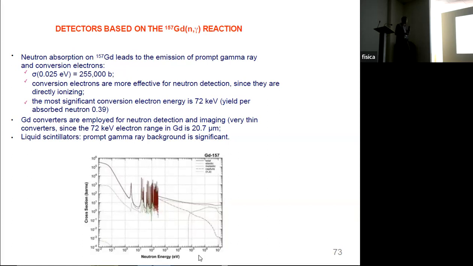It was exploited in large experiments, for example looking for neutrinos, where you dope your liquid scintillator with gadolinium, and this gadolinium can effectively capture neutrons and give rise to conversion electrons. And this conversion electron, with a small energy of about 72 keV, is used to trace these neutrons.